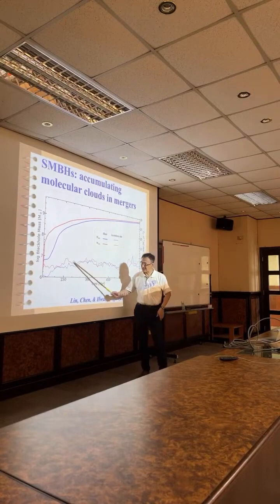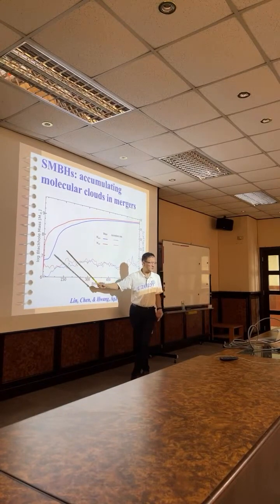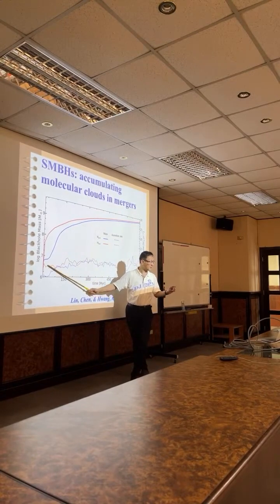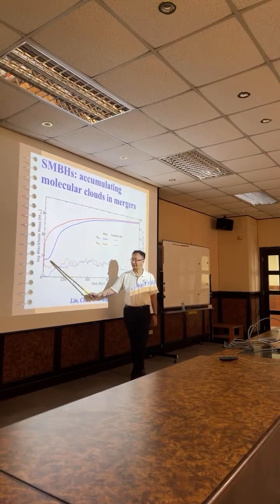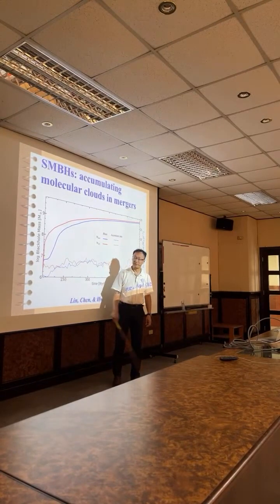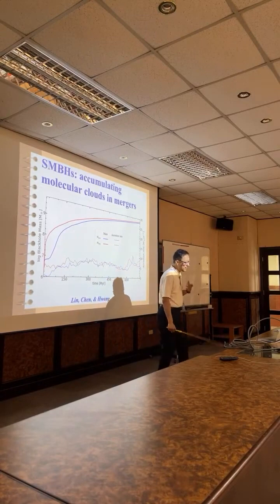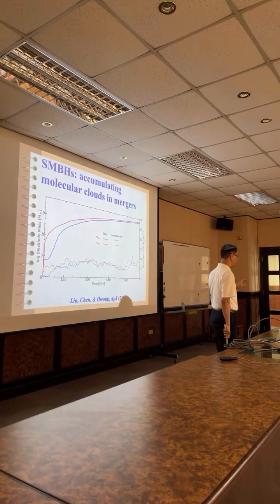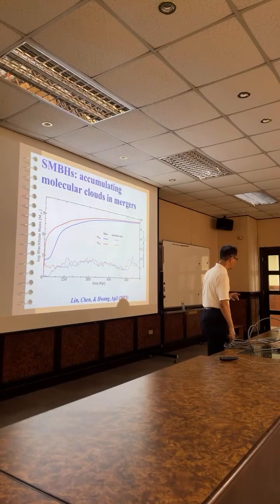But then you find that the seed massive black hole very quickly goes into the center and becomes a supermassive black hole, about 10 to the 6. That's why I'm talking about it: the intermediate masses fall into the center very quickly.